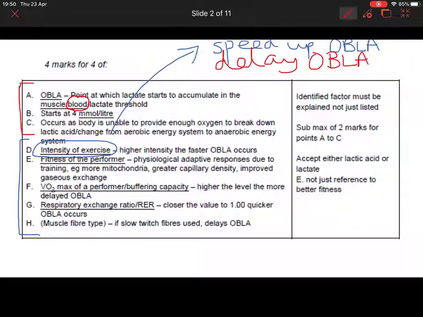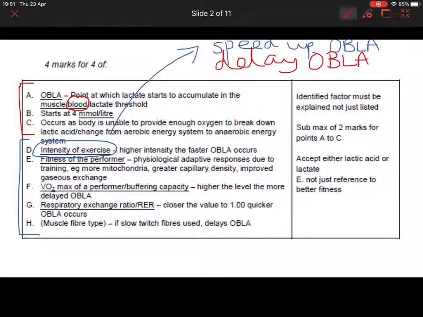Now, you don't have to talk about both aspects, whether speeding up OBLA or delaying OBLA, for each factor. As long as you address one or the other in your answer, it does not matter. Okay, and you can see that points D to H sort of do that. So you can see with D, the intensity of the exercise, that point there is looking at how OBLA will be sped up.